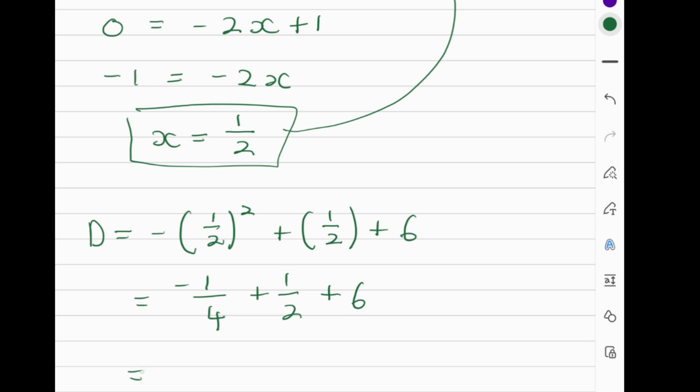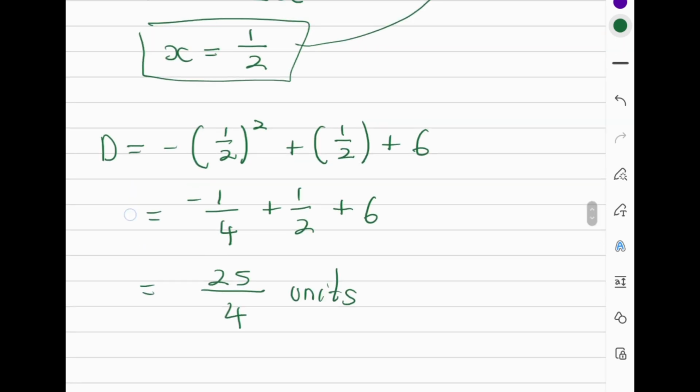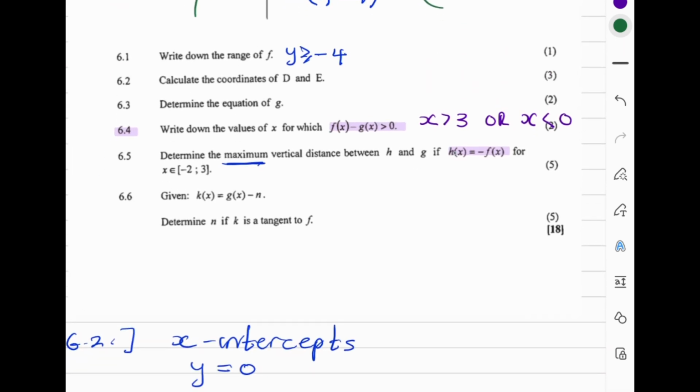And if you solve for that, you should get 25 over 4. So you can just say units. So that is your maximum distance between h and g of x in the interval that we were given here. Okay.